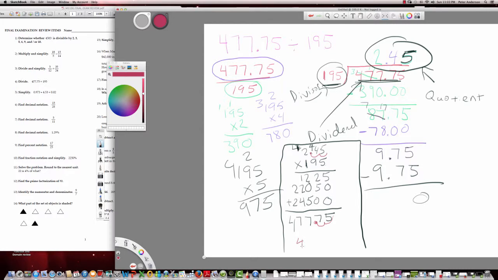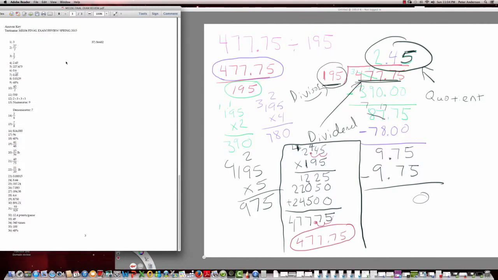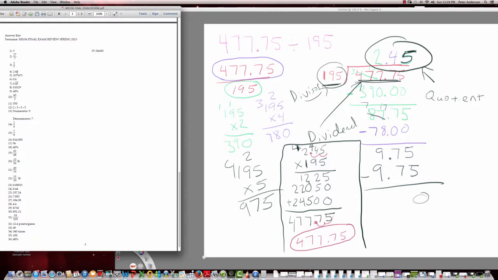So this is 477.75. It matches up. Okay? So I did this problem correctly, all right? And one last check. If we look here, it is 2.45.